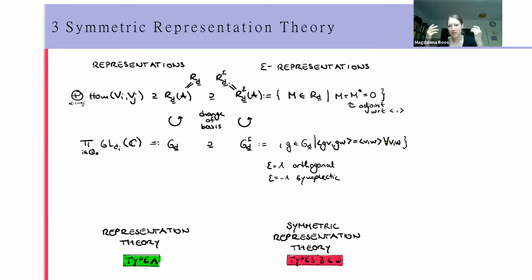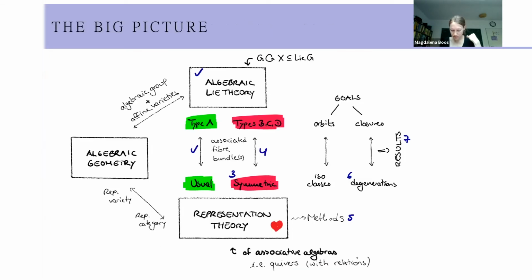Of course, you make sign mistakes every time, but you have to get into the picture, and then you can work with this nicely. So the first thing I want to show you is how we can use this symmetric representation theory in order to approach our classical problem, so that you see that it's nice to have.